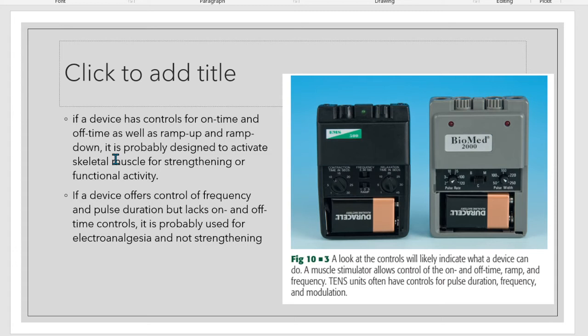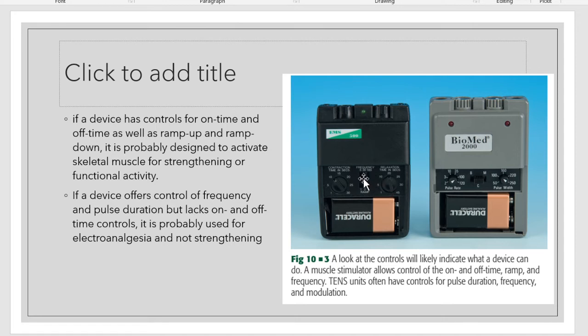So we have here a sample of the machine. We have time in seconds for contraction. You notice we have the contraction and relaxation time. When you say contract, that is the on time, while relaxation is your off time.